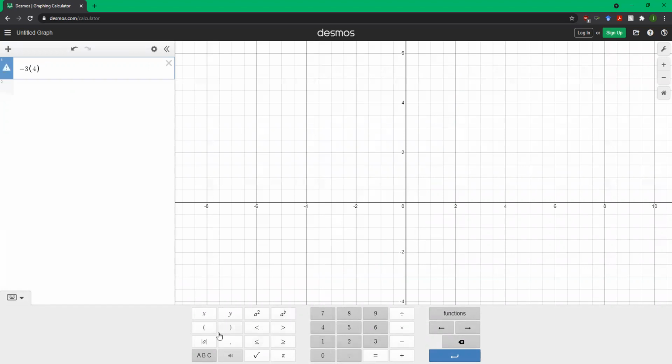I'll need parentheses again because I have x plus 1. If your exponent was just x, or 2x or 4x, there wasn't x plus or x minus something, you don't need parentheses. But since it is in this case, we'll need it. X plus 1, close, right arrow to go back down to the normal line, minus 2.